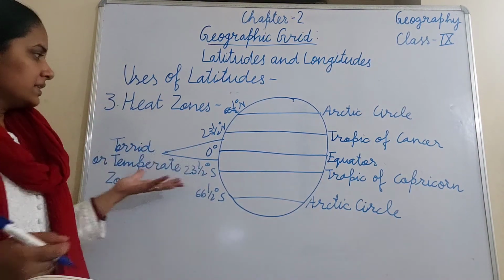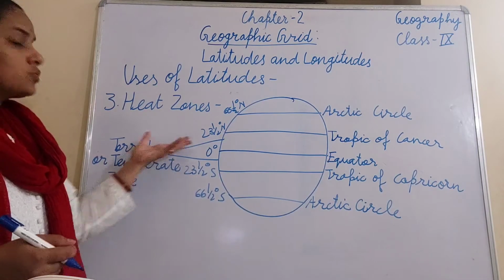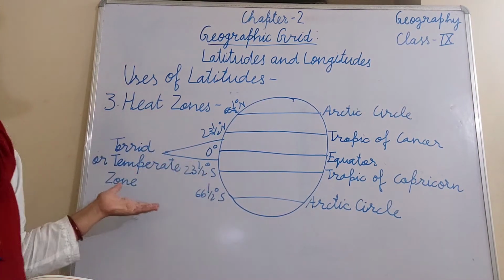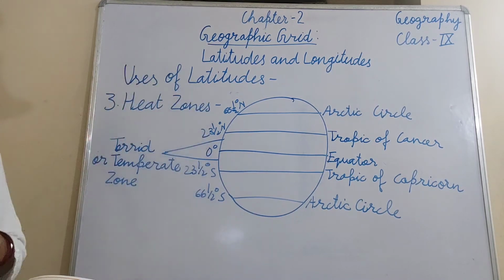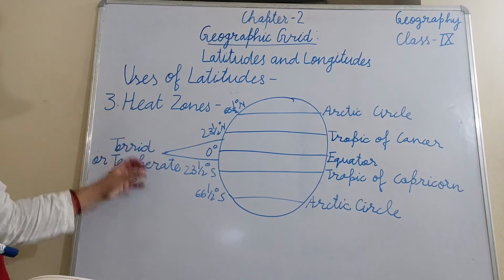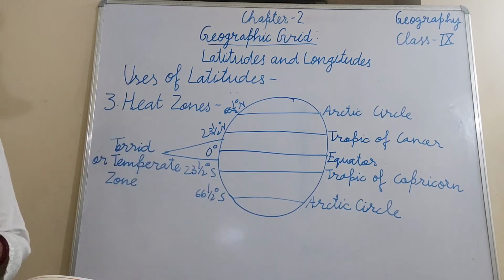Now, what are the features or characteristics of this particular area? This area, lying between the Tropic of Cancer and the Tropic of Capricorn, marks the limit of the torrid zone.